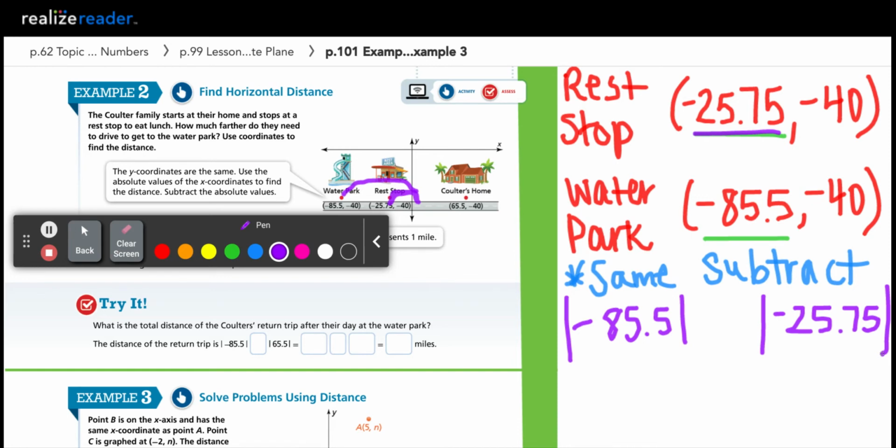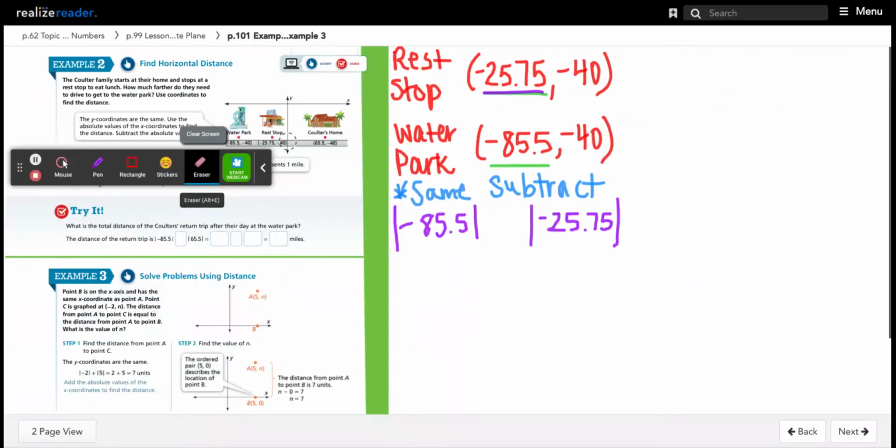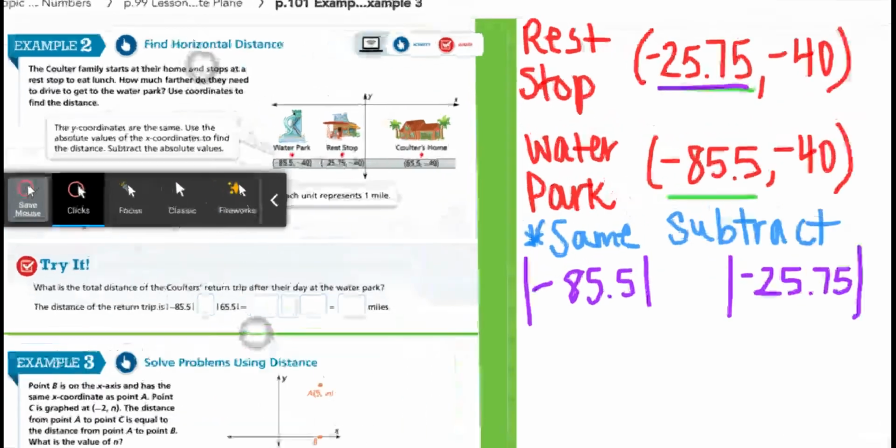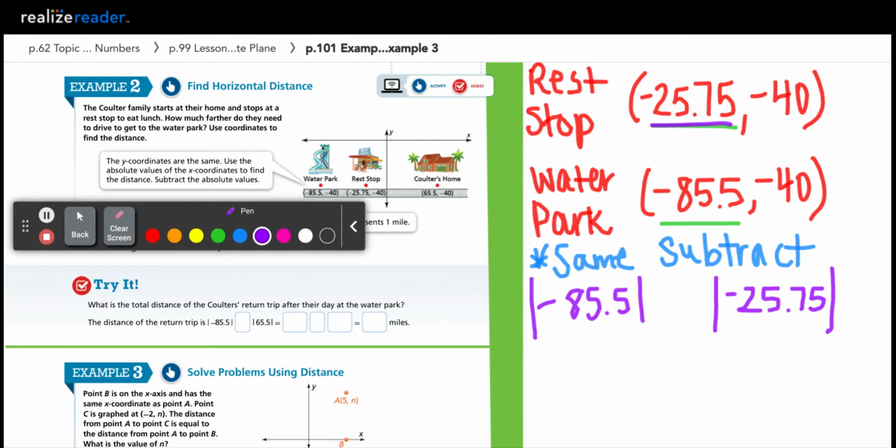So look at my picture up here. I use the absolute value of the distance of the water park, or from that y-axis to the water park, and I use the absolute value of the distance from the y-axis to the rest stop, and I want to find this missing distance between those 2 points.